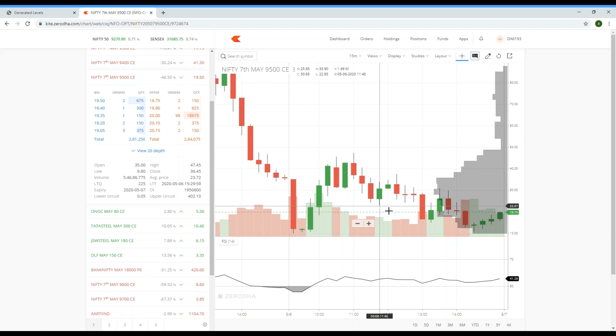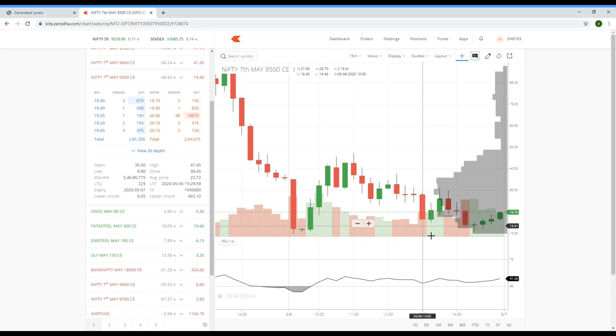However, I expected it to come down to the so-called price of parity, which is around 16 rupees because of the midpoint of this candle. That's the reason for my trade initiation at 15 rupees and 10 paise.